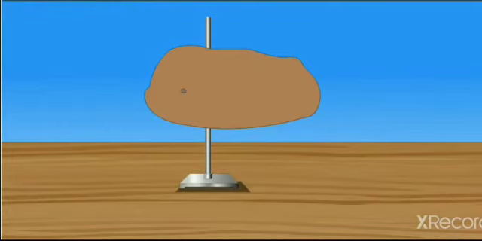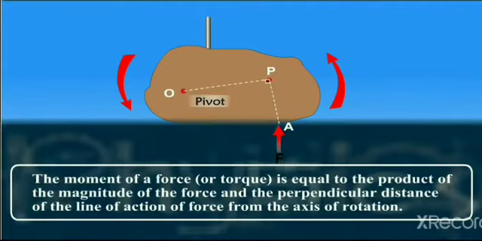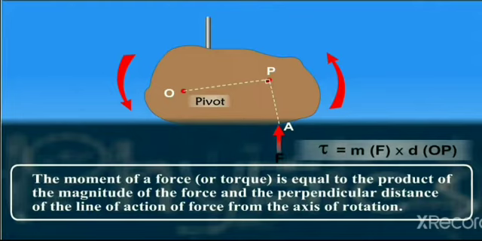Measurement of moment of force or torque. The moment of a force or torque is equal to the product of the magnitude of the force and the perpendicular distance of the line of action of force from the axis of rotation.